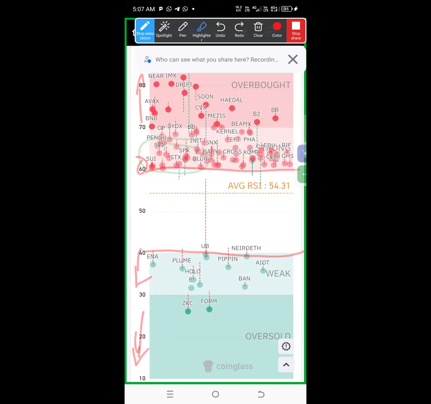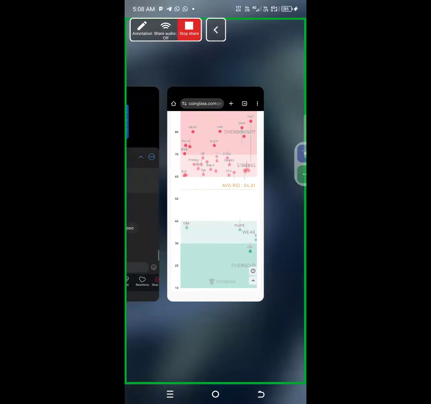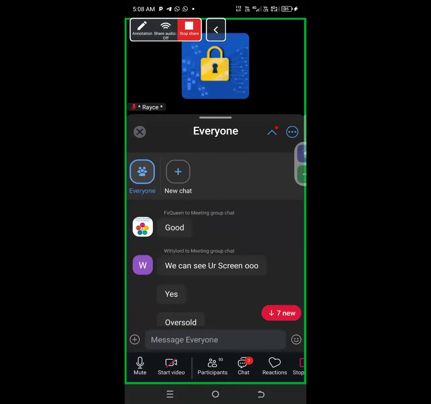It's very rare to see assets in the neutral zone now. So should we focus on this region or this region? Should we focus on the overbought zone or the oversold zone? Drop your answer in the chat box. Let me know.